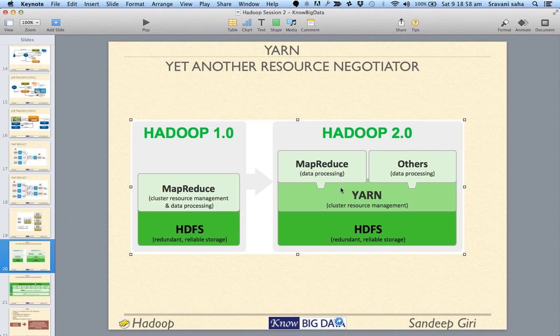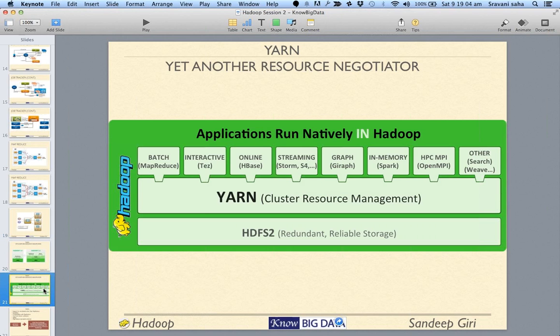All right, and this made space for a lot of newer kinds of innovation. As of today, you will see that similar to the MapReduce framework, there are multiple more. The fact that Apache Storm and Apache Spark run on Yarn is because of Hadoop 2.0.